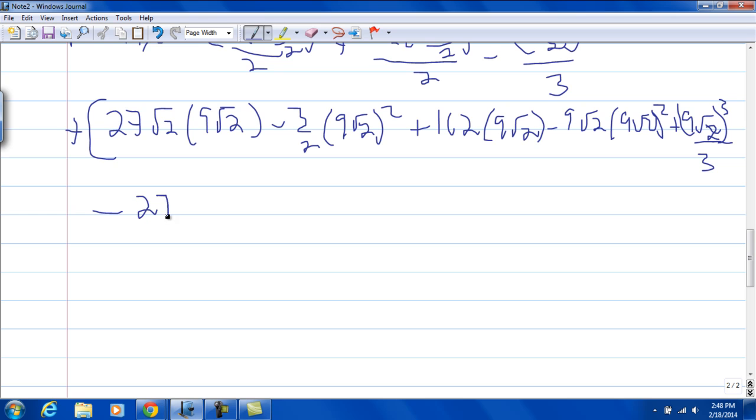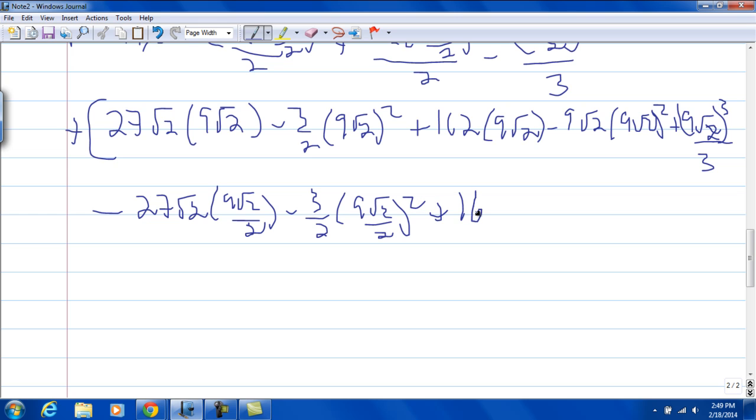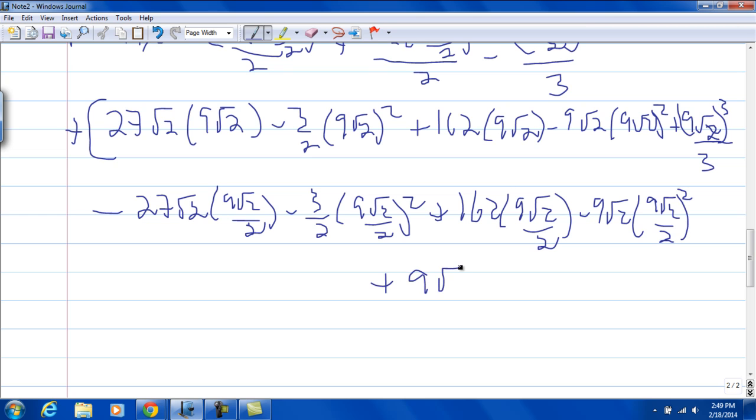Minus 27 root 2 times 9 root 2 over 2, minus 3 halves times 9 root 2 over 2 squared, plus 162 times 9 root 2 over 2, minus 9 root 2 times 9 root 2 over 2 squared, plus 9 root 2 over 2 cubed, and divide that by 3.